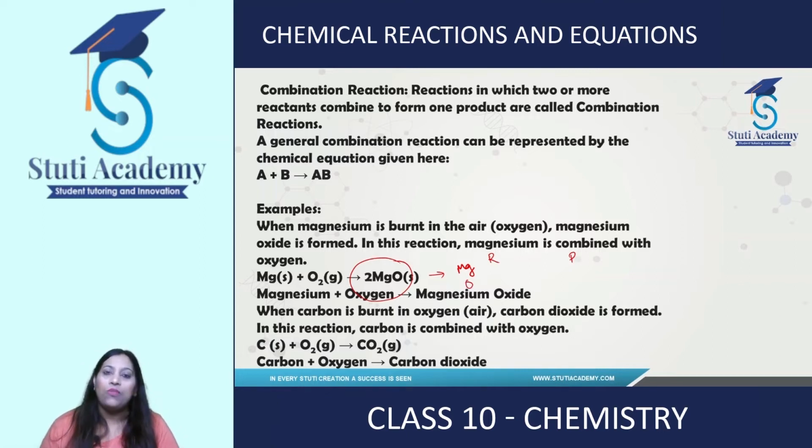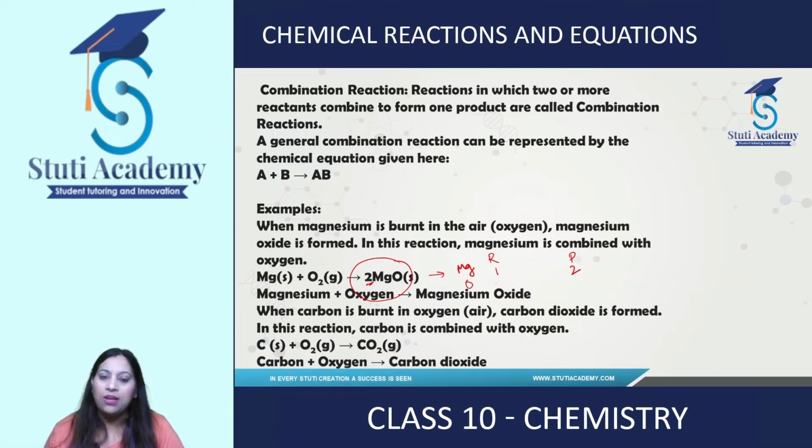Now just count the number of atoms present on both sides. On the reactant side, magnesium is merely 1 in number, and on the product side, as you can see here, it is 2 in number. I'm using the hit and trial method to balance this chemical equation.